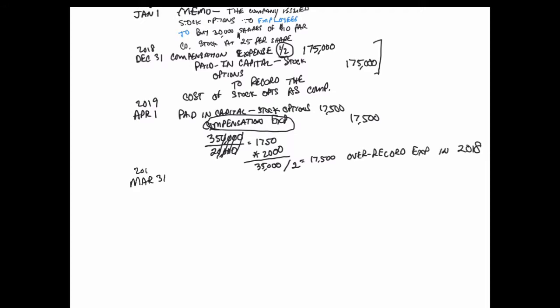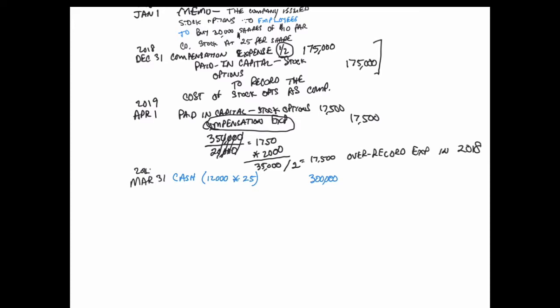Okay, now it is March 31, 2020. At this time, we are going to get cash. 12,000 shares at the exercise price of $25 per share means we're going to get $300,000 as our debit for cash. We're going to have a reduction in paid-in capital.